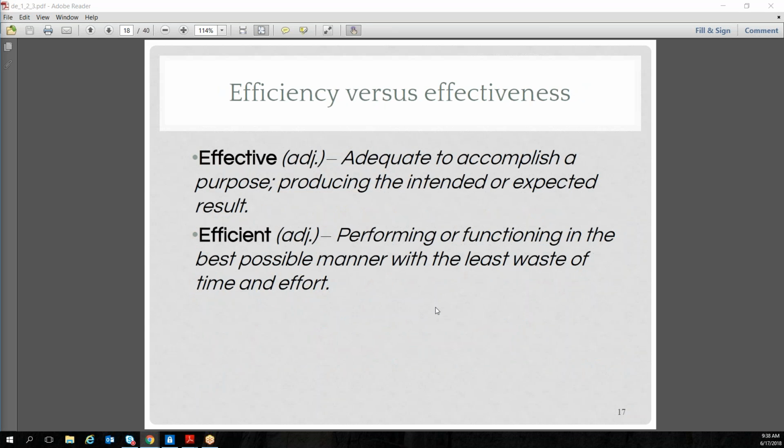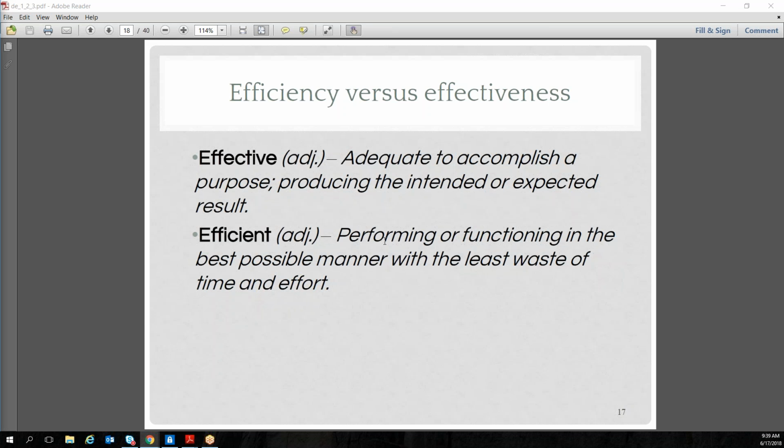Okay, moving next. There are two topics, two definitions with regard to efficiency and effectiveness. Initially we said that we must be effective and we must be efficient.